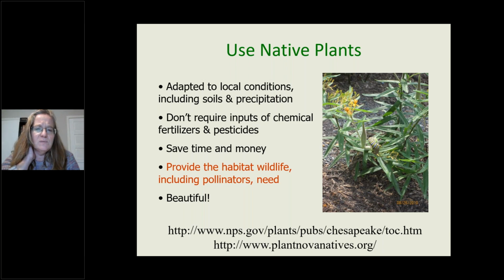They're adapted to your local conditions, the soils and the precipitation. Once you get them established, they don't need a lot of hand holding or any kind of special treatment. I have a lot of native plants in my yard. Once you get past that first 6 months to a year where they're well established, they put down very deep roots, so they can survive all different kinds of conditions, even more of a drought condition.